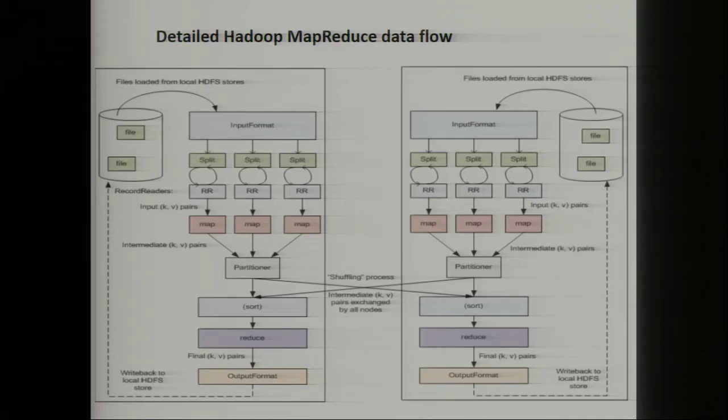Now, the detailed Hadoop MapReduce data flow. So what is the concept here? We are talking about Hadoop MapReduce, and there are two nodes provided: this is one node, this is another node. Now we'll go step by step and check what happens here.